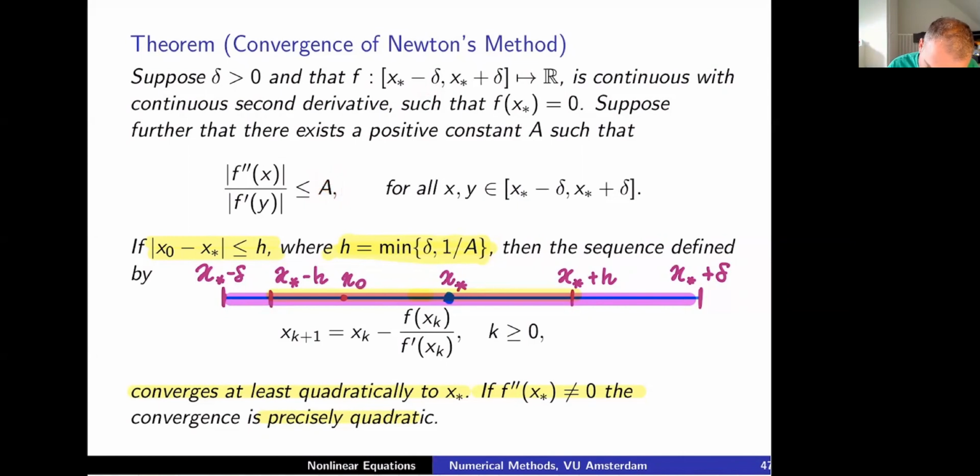If you start off sufficiently close, then the sequence given by Newton's method converges at least quadratically to x star, and it converges precisely quadratically if f double prime at x star is different from 0.